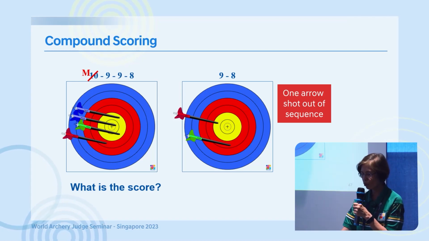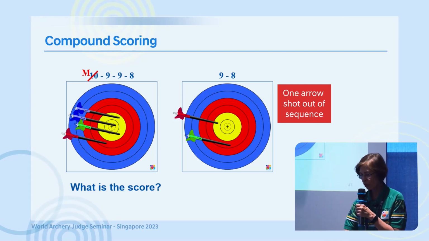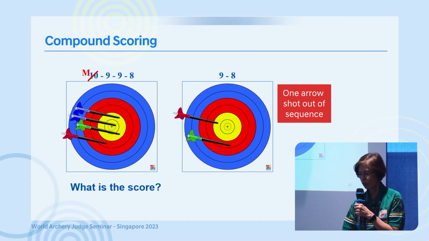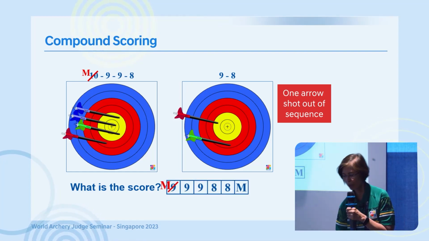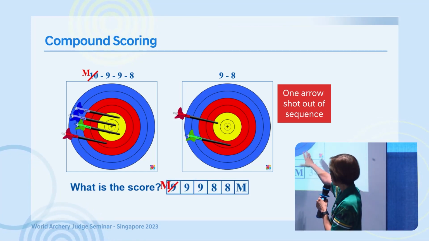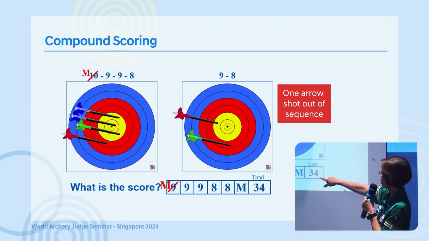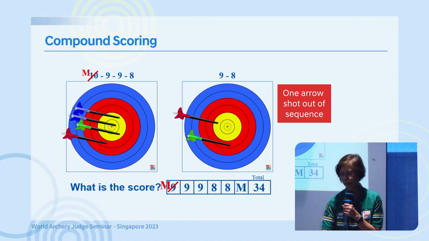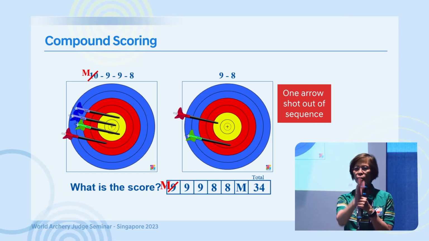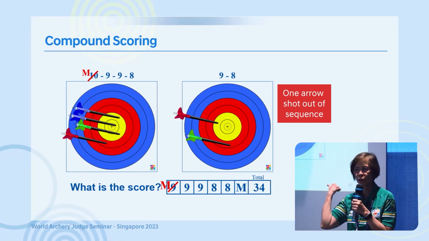Okay, and then 1 arrow shot out of time. And this is there. The 9 is the out of time. You make that an M. And so it's M, 9, 9, 9, 8, 8, M. See, if you've done the indoor, this is quite easy because there's just 2 here.